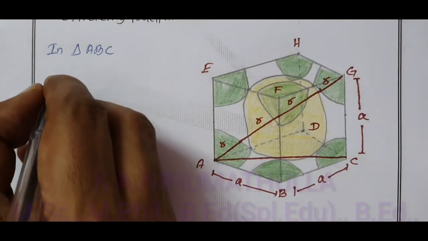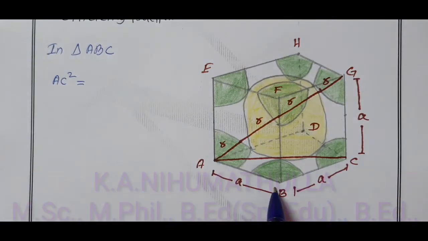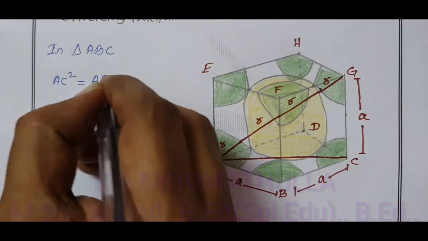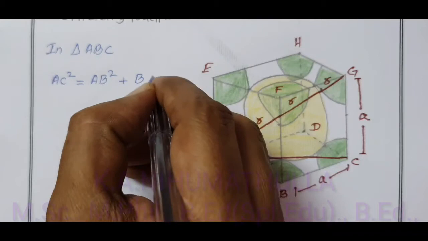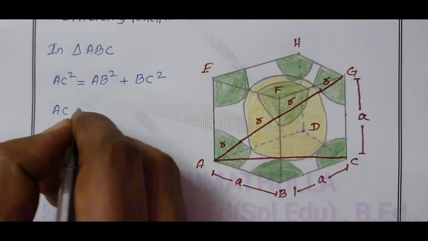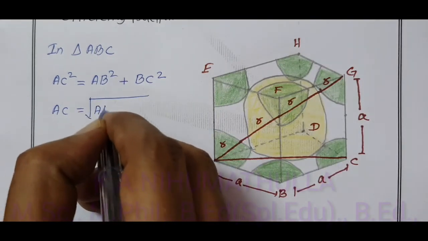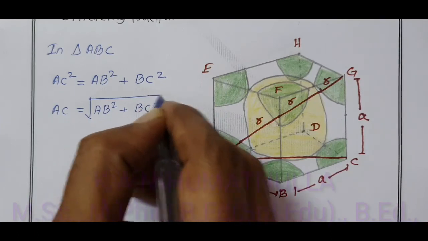AC square equals AB square plus BC square, or AC equals root of AB square plus BC square.